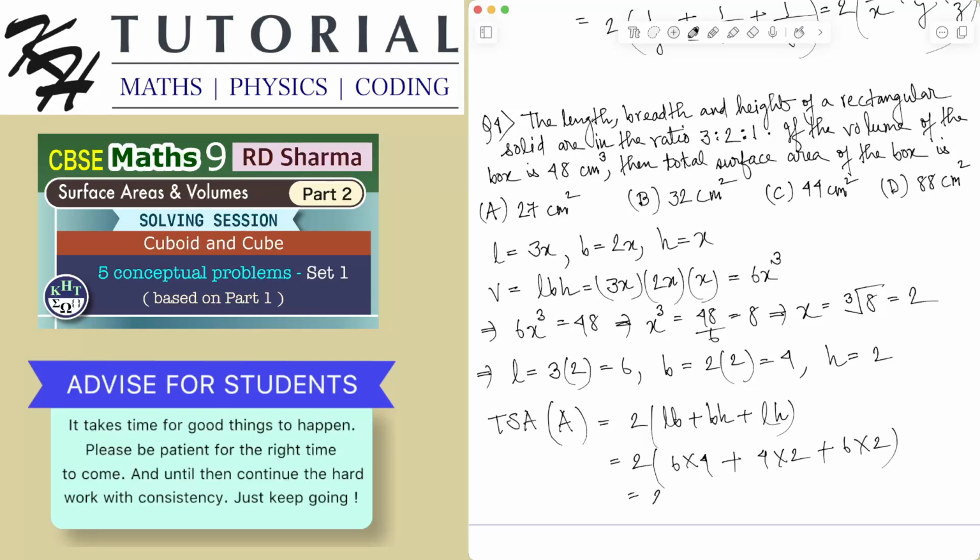This is 2 multiplied by 24 plus 8 plus 12. This is equal to 2 multiplied by 32, 44. This is 88. So 88 centimeters squared is the total surface area of the box. So D is the correct choice.